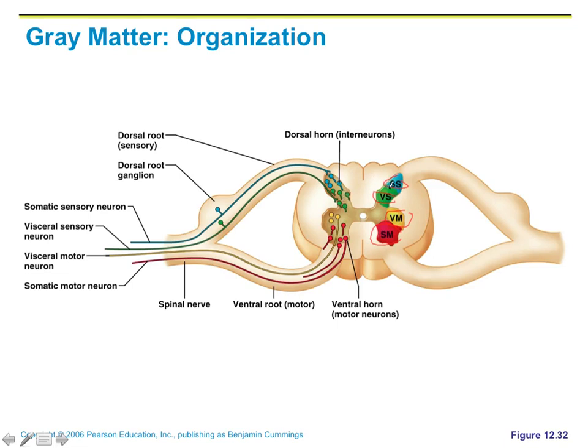In the posterior part, we also have other sensory neurons, the somatic sensory neurons. Okay, so this is marked as blue. What is the difference between these two sensory neurons?